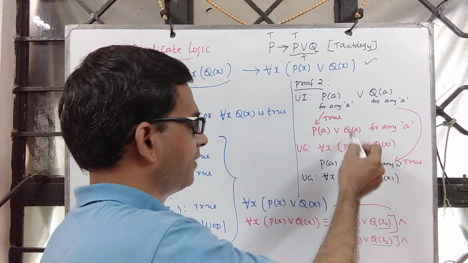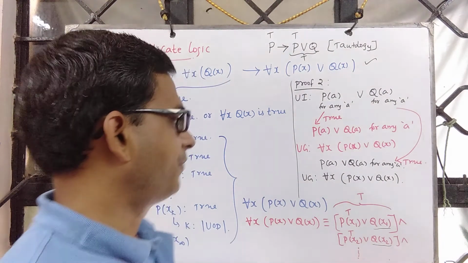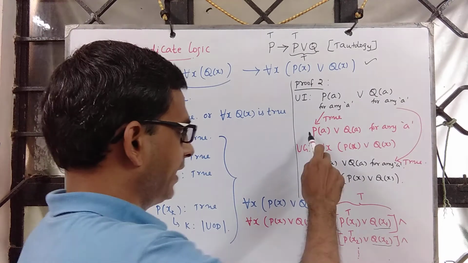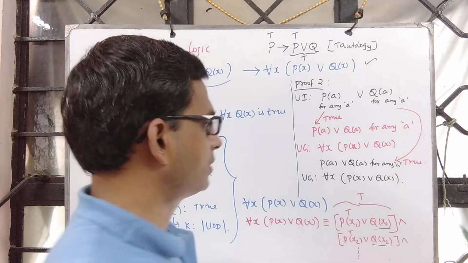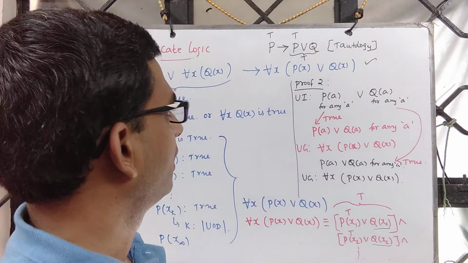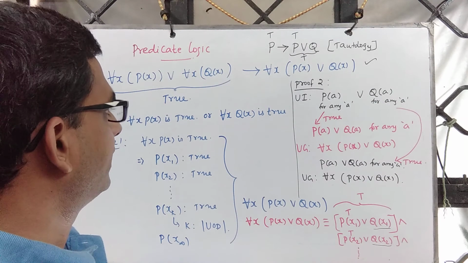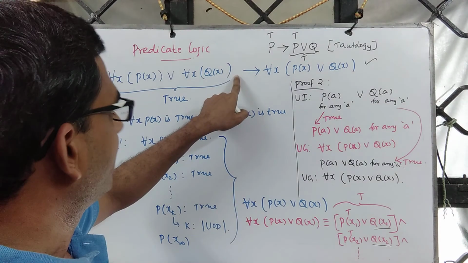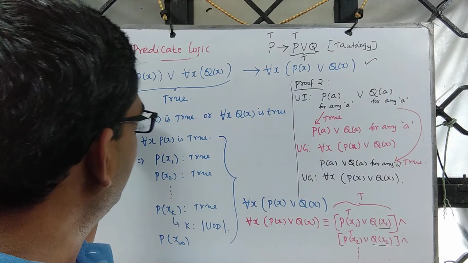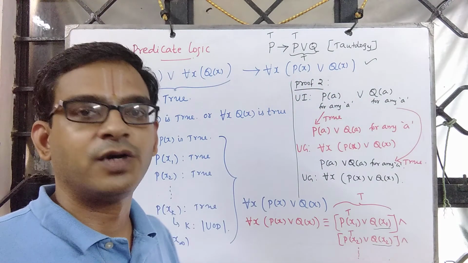That's really what we have done. Independent of what q of a takes, the expression p of a or q of a is true. Therefore, we conclude this. So the interesting part over here is, it is not a biconditional, but it is conditional, meaning this implies this, whereas the converse is false.